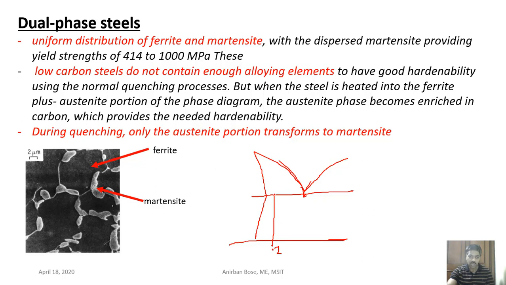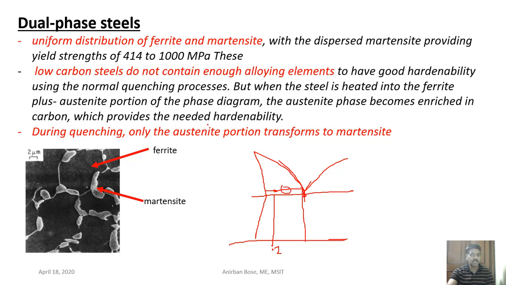So now here you see it is basically heated up to this much. If you heat in this region, which is basically the ferrite plus austenitic region, and here you see what is the composition of the austenite present here. The composition of the austenite is close to 0.76. That means it is a carbon rich austenite.